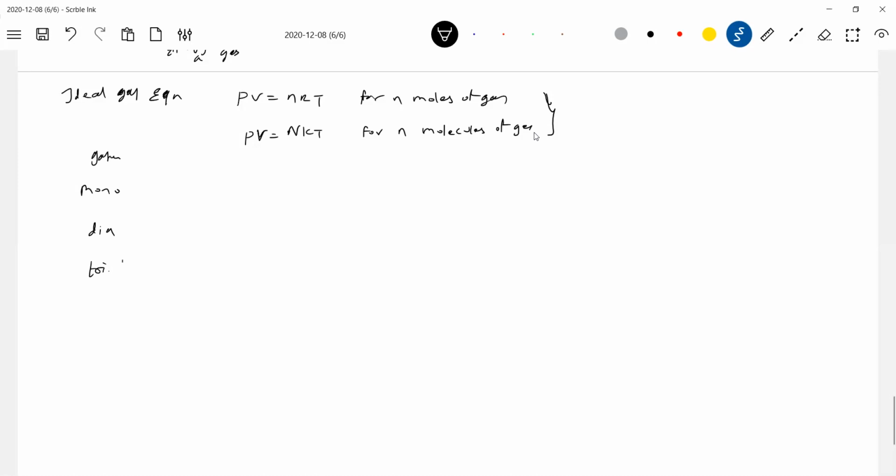What about degree of freedom? This will be 3, this will be 5, this will be 6 for non-linear. Okay, after this, degree of freedom will be related to Cv, which is given by the formula fR by 2.